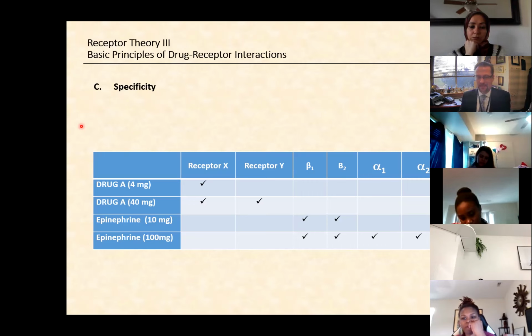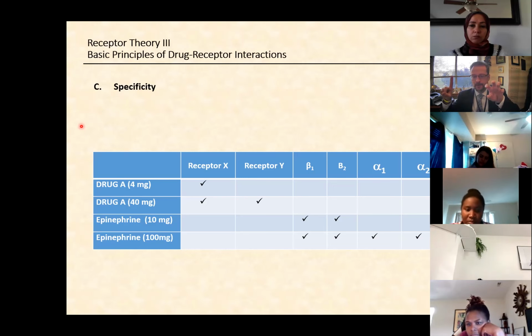But typically within the therapeutic range, like with metoprolol, we have a specific therapeutic range that we give it. And in that range, at the low end of that dose range, metoprolol is very selective and specific for beta-1 receptors. As we bump it up, it starts to lose specificity and can potentially block beta-2 receptors as well.